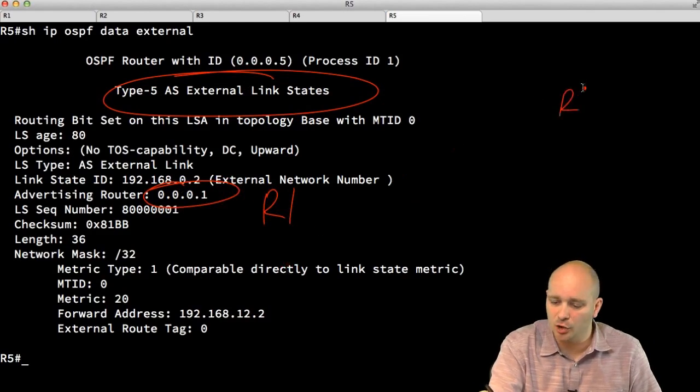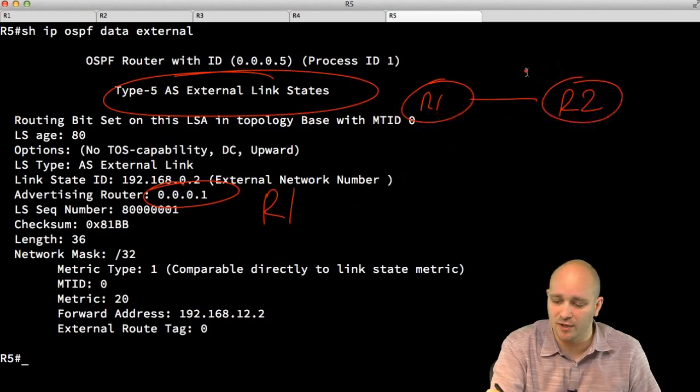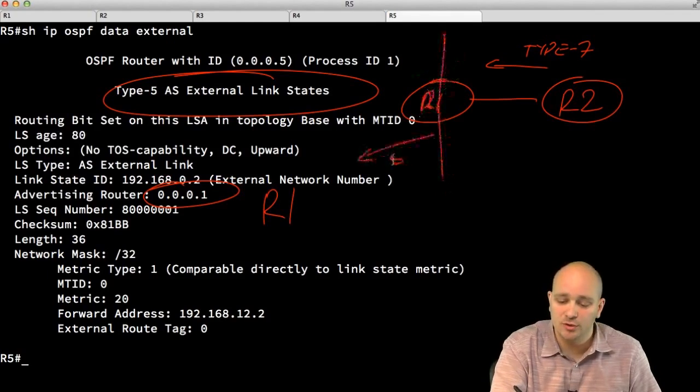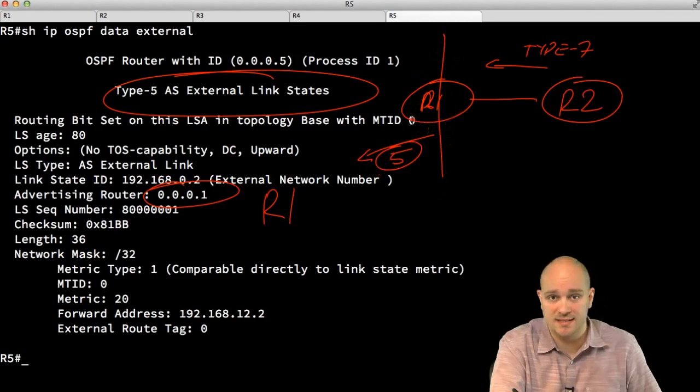Now remember that R2 was the router that advertised the type 7 LSA to R1, and R1 is now actually accepting this LSA, and it's translating it into a type 5 LSA. So R1, in a sense, becomes an ASBR.